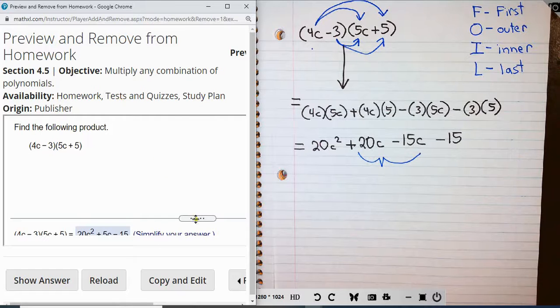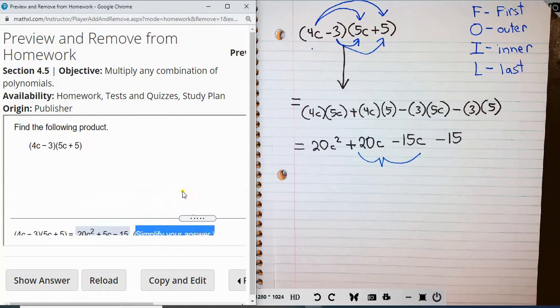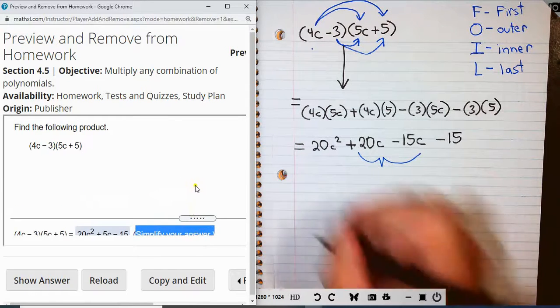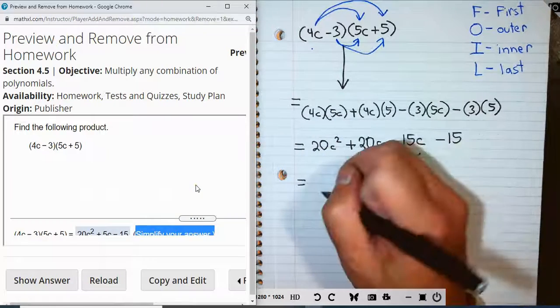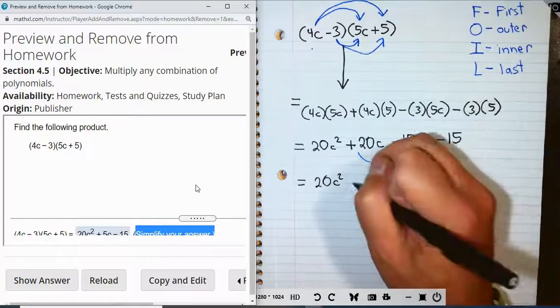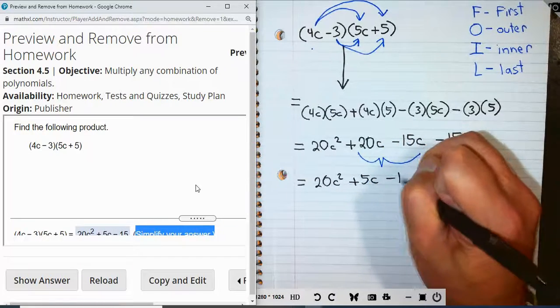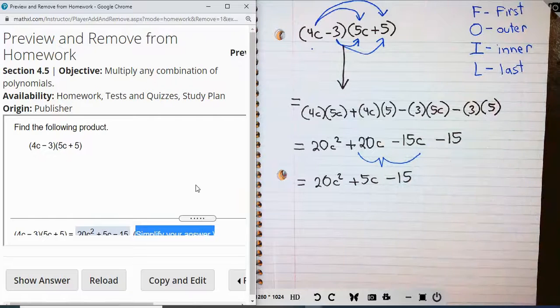Notice that it clearly says simplify the answer. So we've got to combine our like terms. Our end result would be 20c squared plus 5c minus 15. So now we are done.